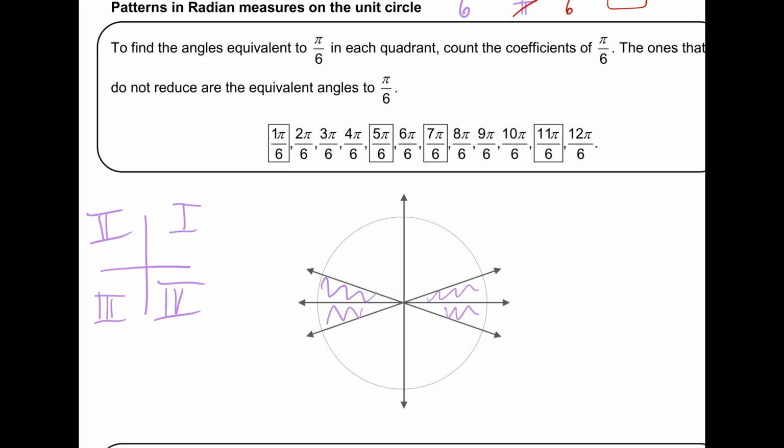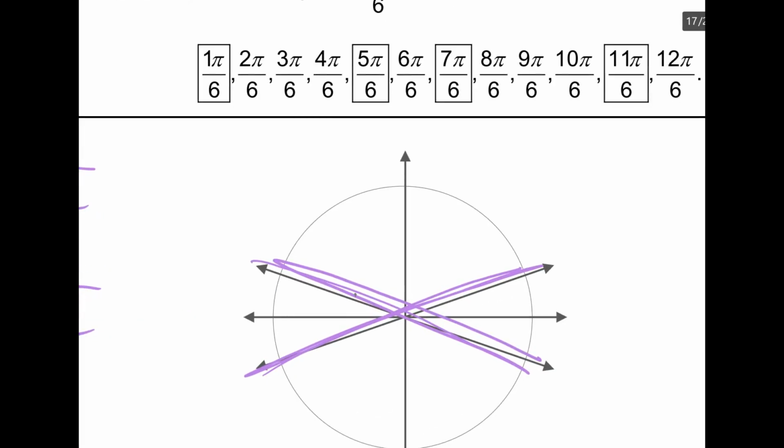From geometry, if I have these 2 lines right here, what do we know about the measures of this angle and this angle? They are equivalent. Vertical angle theorem: vertical angles formed by intersecting lines are equivalent. Geometry already taught you this. If these are equivalent and I split them in exactly half, that tells you this angle is the same as this one.